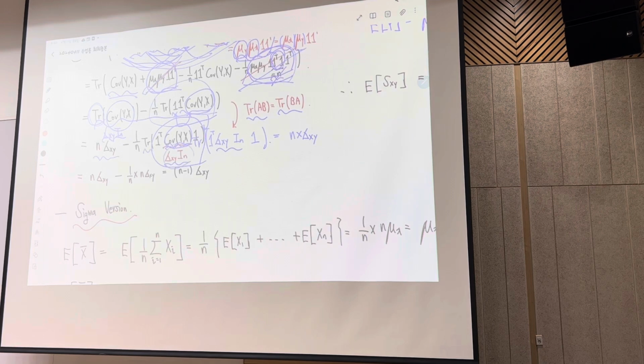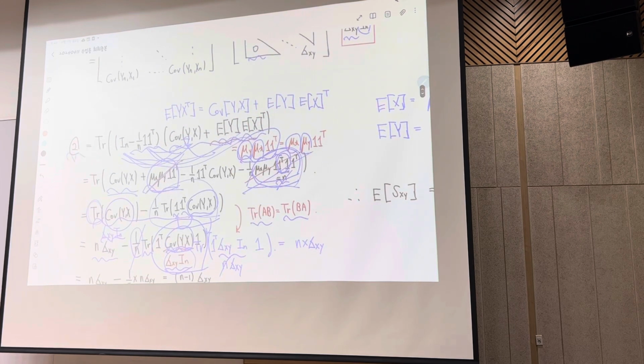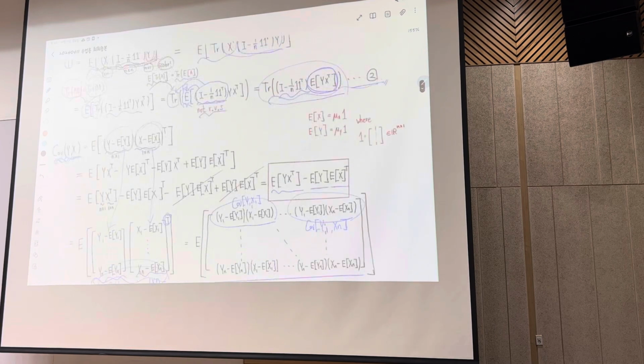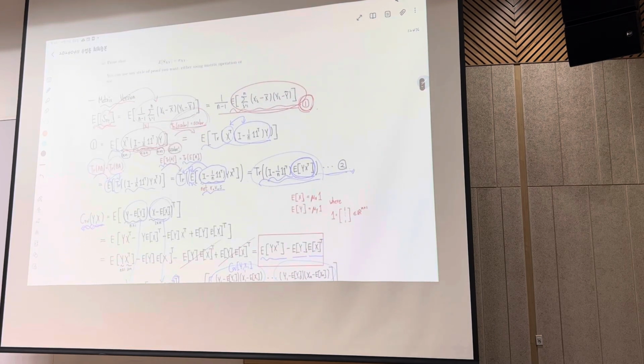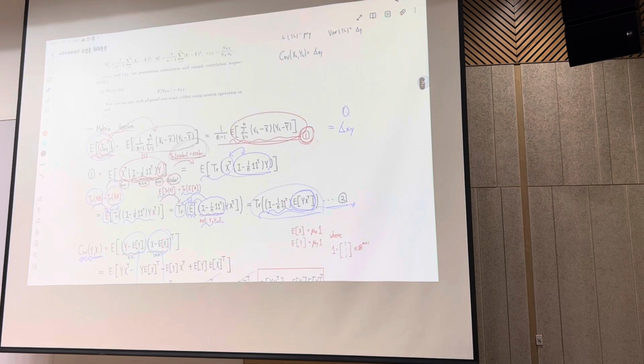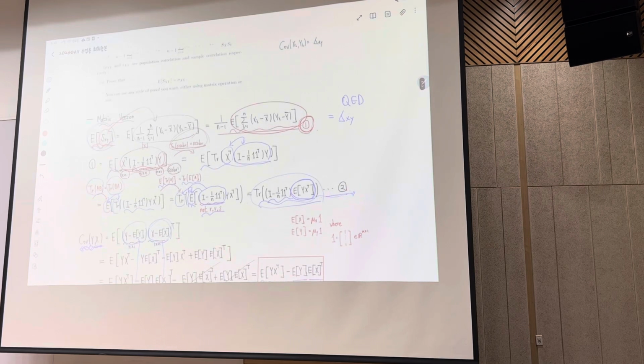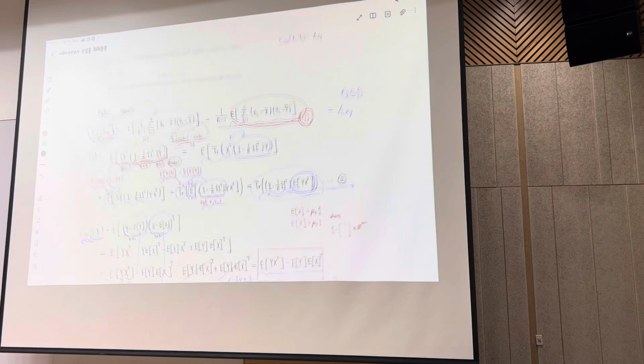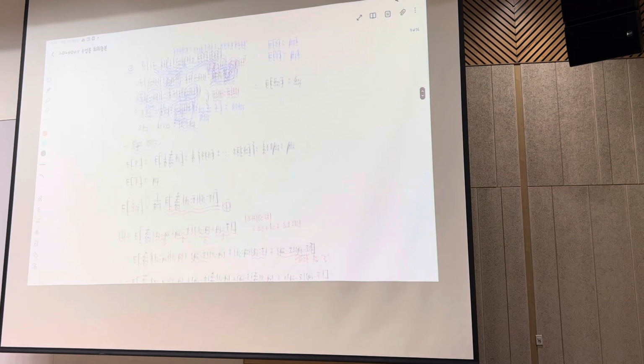Trace of this term is equal to n times sigma_xy. So 1 over n cancels out. Then equation number 2 is equal to (n minus 1) sigma_xy. So expectation of S_XY is equal to sigma_xy. Is it okay?